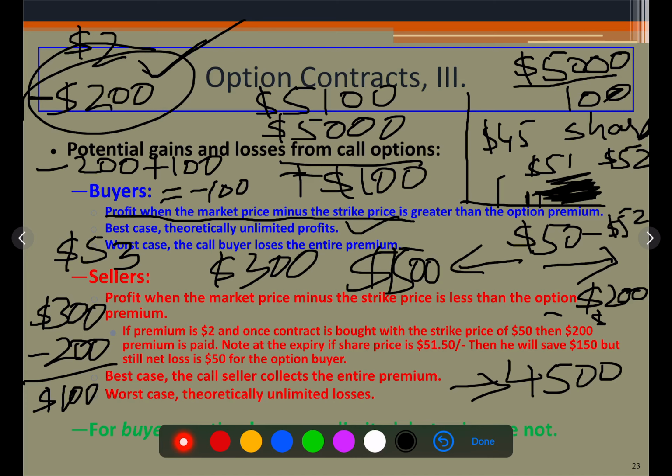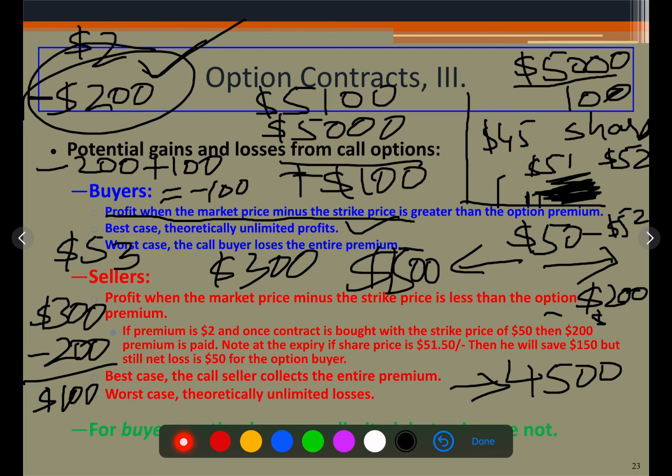He sets his limit so that he does not have to pay more than $50 for each share, plus the premium. He obviously has to pay the premium. It can be $3, $4, $5, $6, whatever premium is charged by the seller of the call option contract.